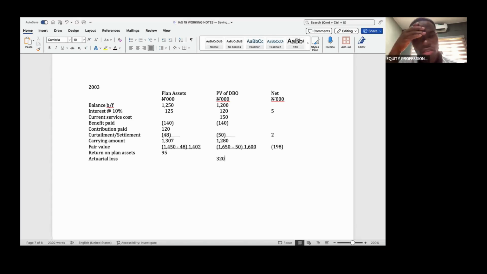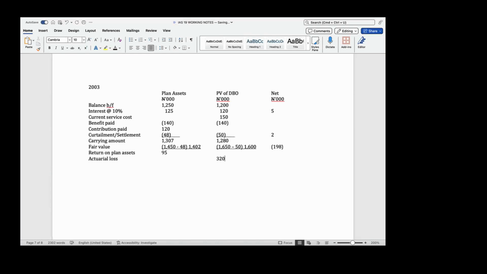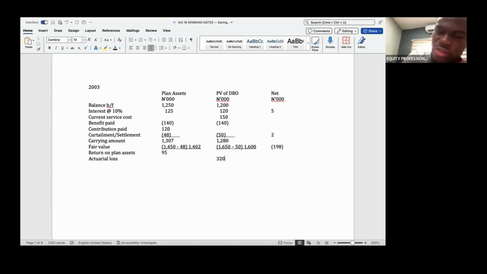Who can tell me why it's a loss? The balance at fair value is higher than the one at carrying amount. Okay, yes. So how does that explain the loss? Because your obligation becomes higher. You have a higher obligation. You have more debts.